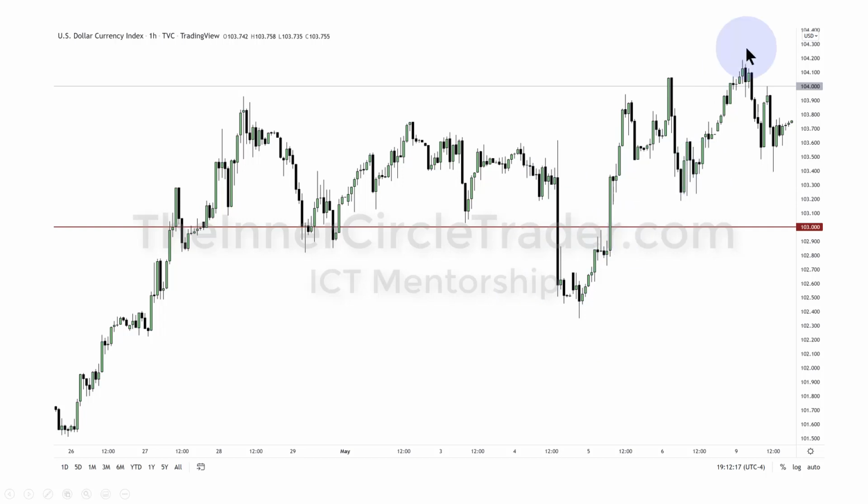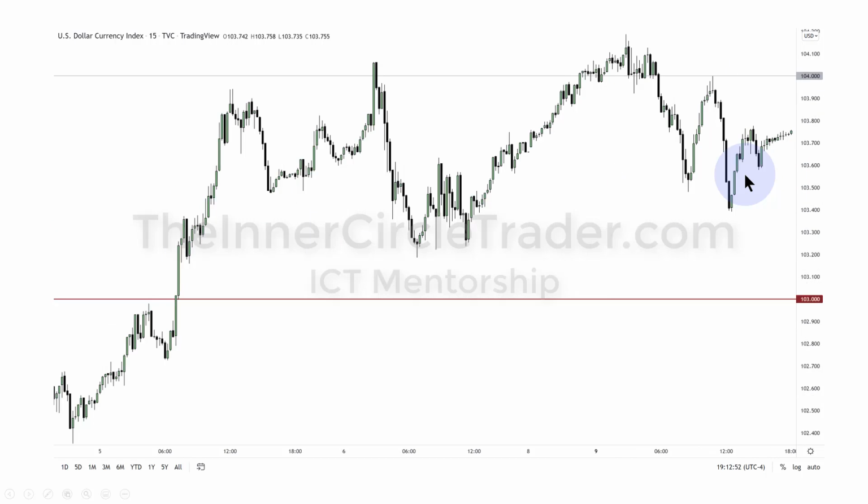Then the market rallies higher, runs for buy-side liquidity, and then gives a nice little pattern I've been teaching on the model on YouTube. Here, short-term low, displacement, comes back up in, takes out the low here. Really, really nice with an imbalance.